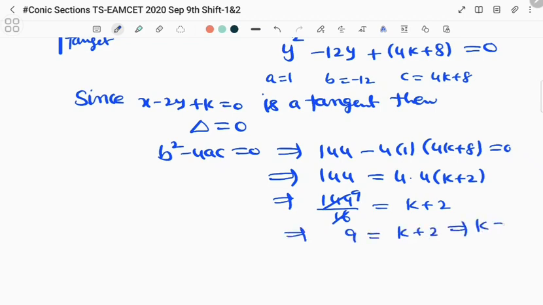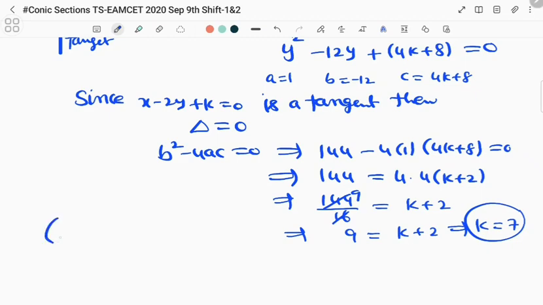That implies k is equal to 7. So the k value we got, dear students.